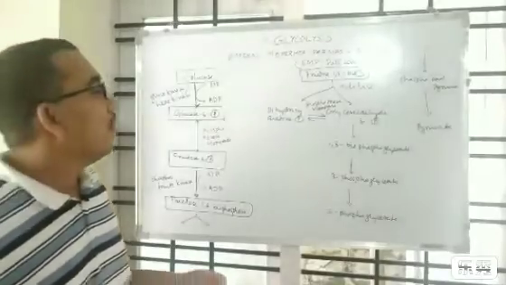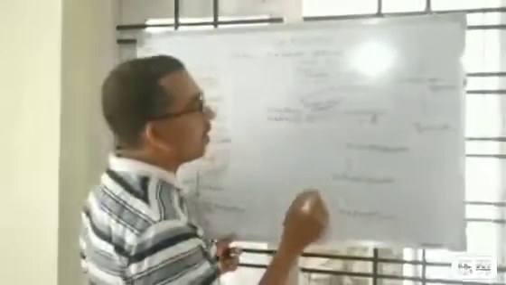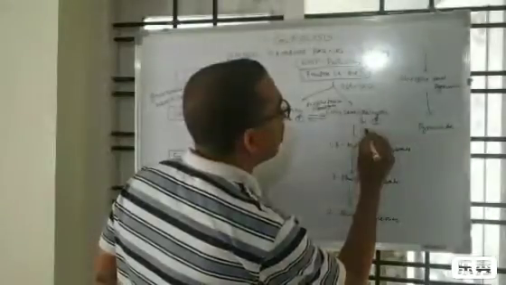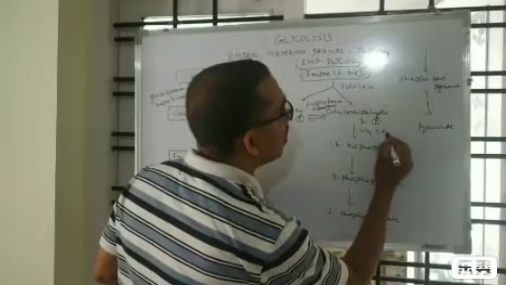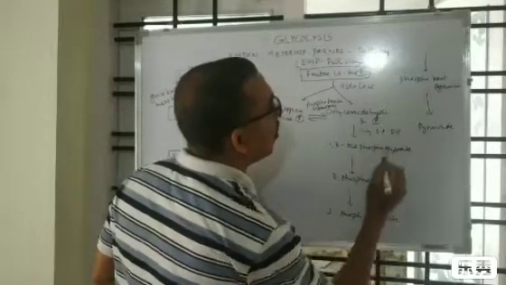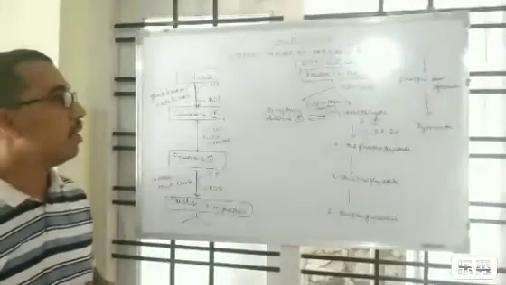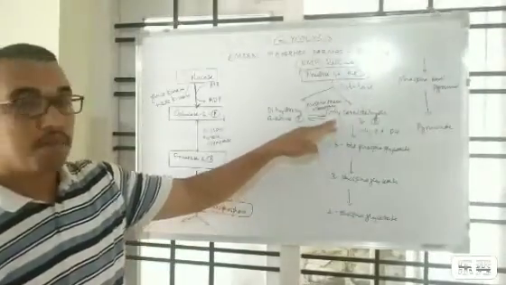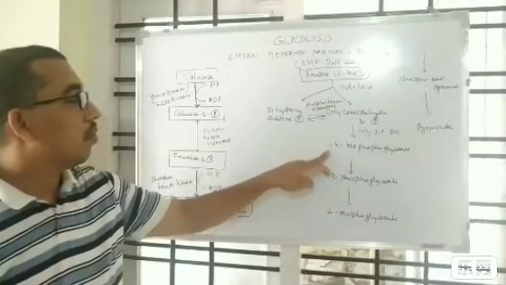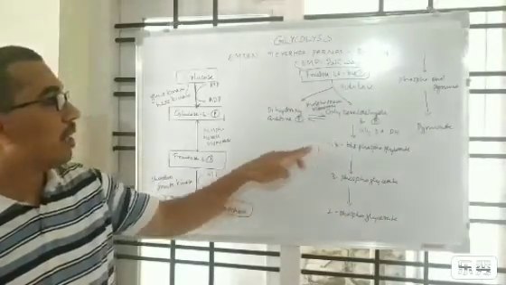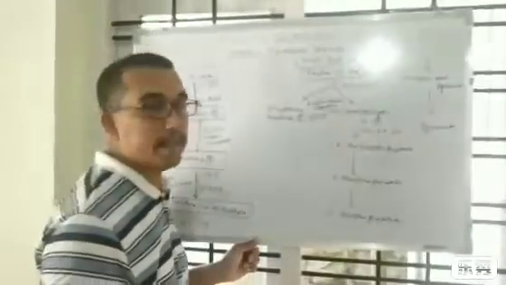Then with the help of glyceraldehyde 3-phosphate dehydrogenase enzyme, glyceraldehyde 3-phosphate is converted into a high energy molecule, that is 1,3-bisphosphoglycerate.